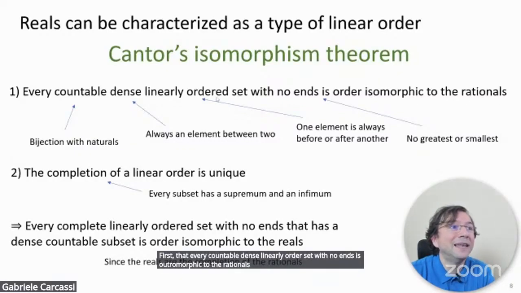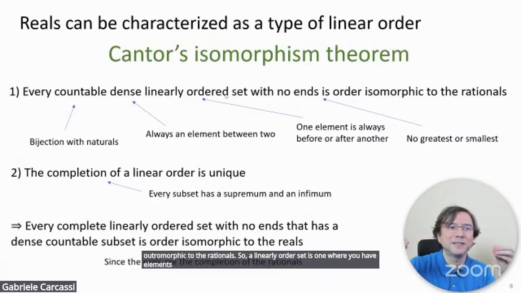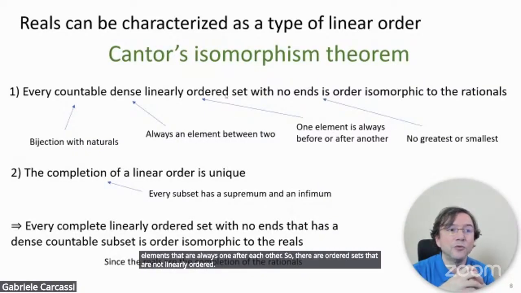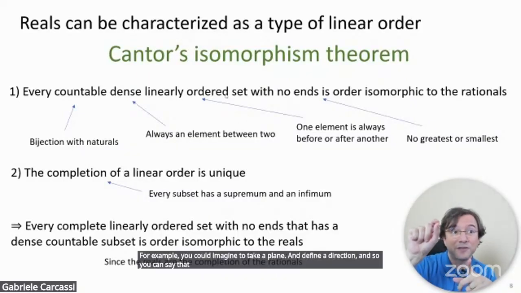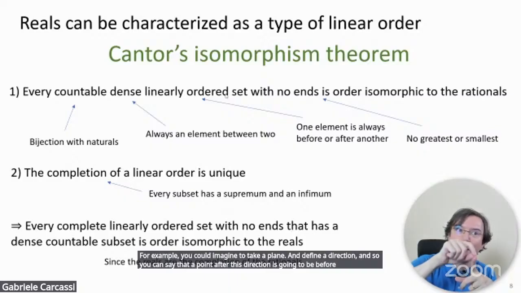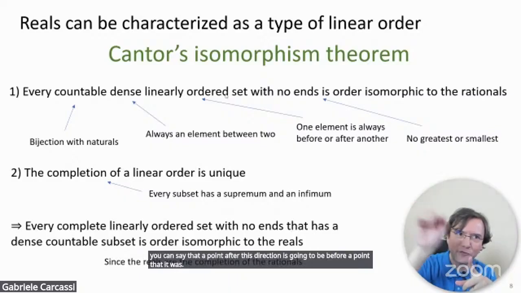A linearly ordered set is one where you have elements that are always one after the other. So there are ordered sets that are not linearly ordered. For example, you could imagine taking a plane and defining a direction, so you can say that a point after this direction is going to be after a point that was before it along that direction.